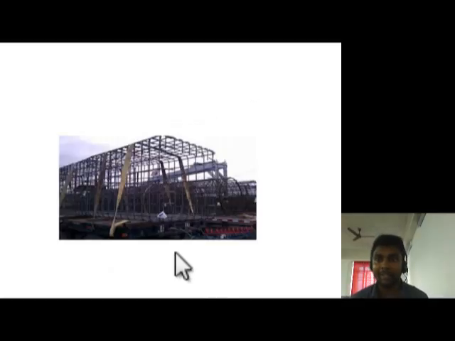And next I'll be saying about the design steps for how to design a deep beam, so that the step-by-step procedure is understood, and I will be solving an example regarding the deep beam.